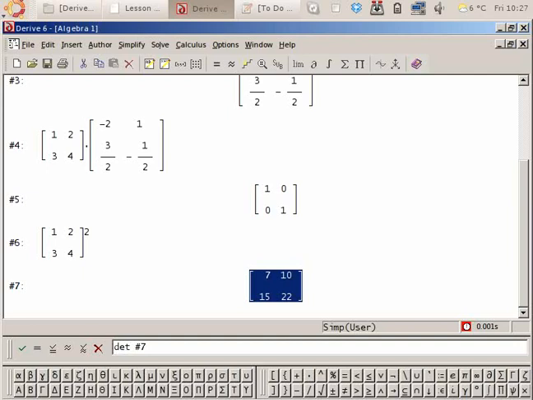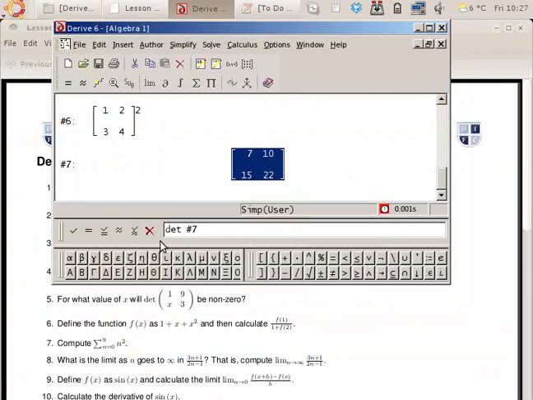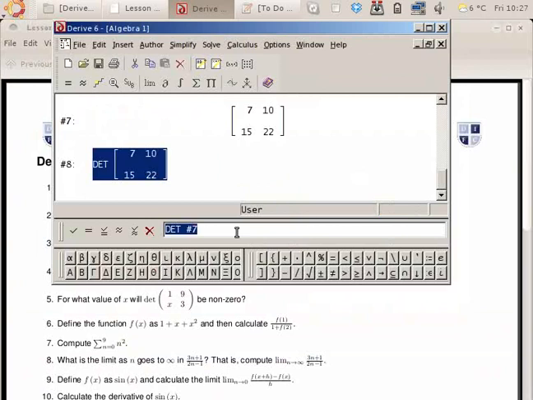Or maybe to make it clearer, so here I'll move the screen up a bit. DET line 7 like this. And then enter. And this should come up on the screen.